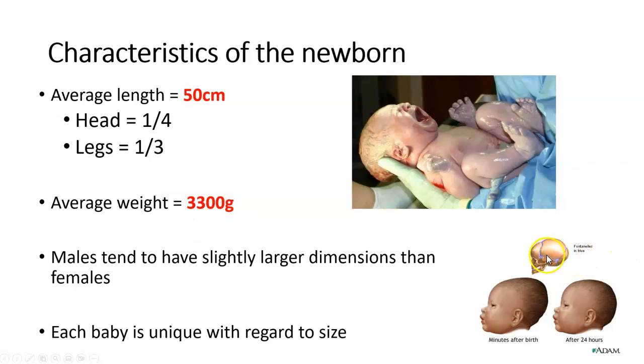Now again, you can see the fontanelles in blue here. These are the areas where the cranium hasn't quite sealed into one structure. That will take time to happen. So after birth, the fontanelles will settle back and the baby's head goes back into normal shape.